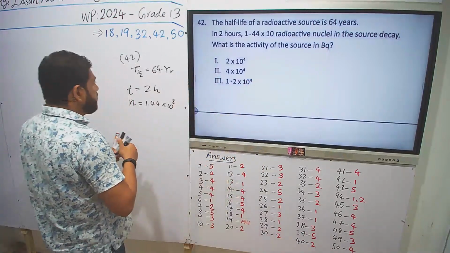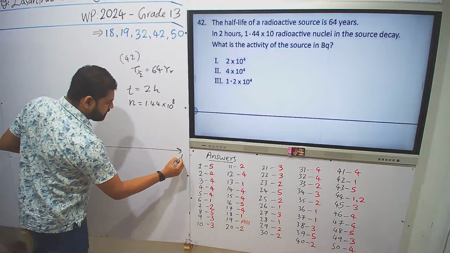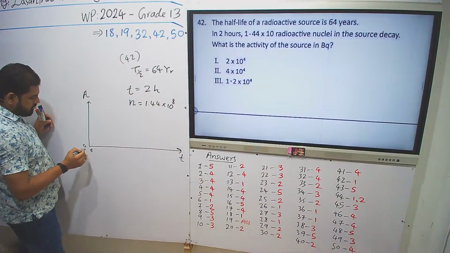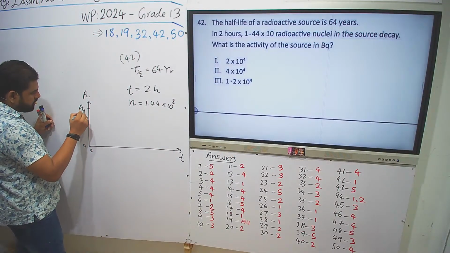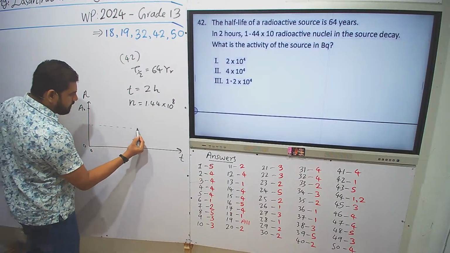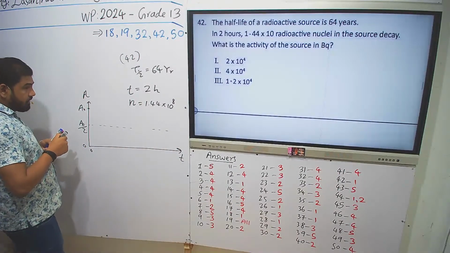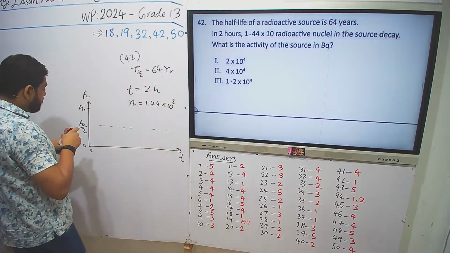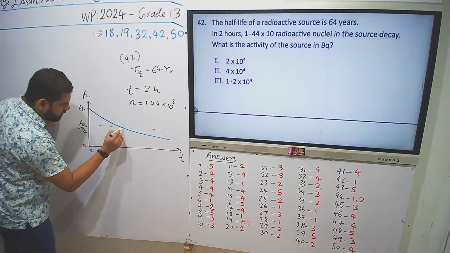Okay, so when we consider the graph, here you have activity versus time, and you have an initial activity, let's say A naught, and the time taken to become half of that value is the half-life, that is 64 years, right? It takes 64 years to drop to half of that value.